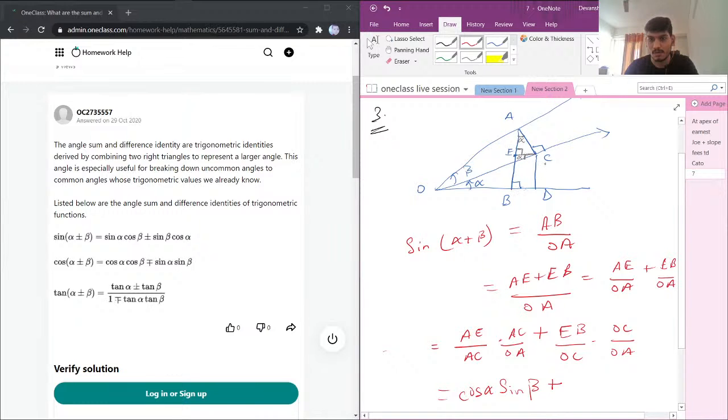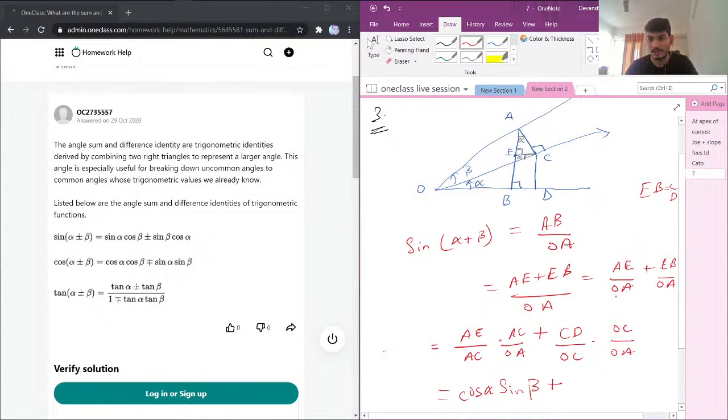EB over OC. Now, okay, so I did one mistake. Now EB is equal to CD. So I can write EB as CD. So we'll just erase this EB and we will write it as CD, because EB is equal to CD. Now CD, this is opposite over OC.